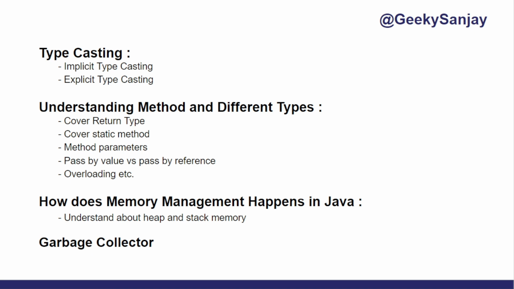As we know, we have two types of memory, heap memory and stack memory. Heap memory is permanent, which we can say lasts as long as the application is running.